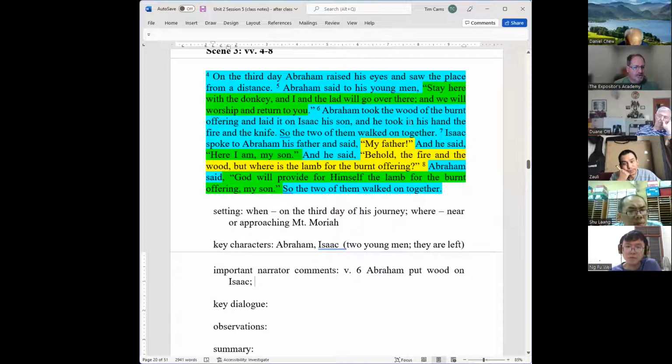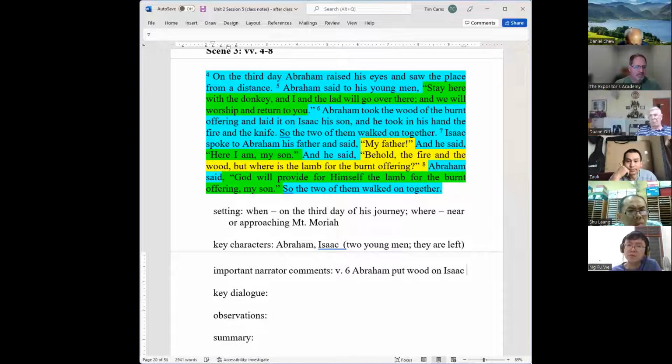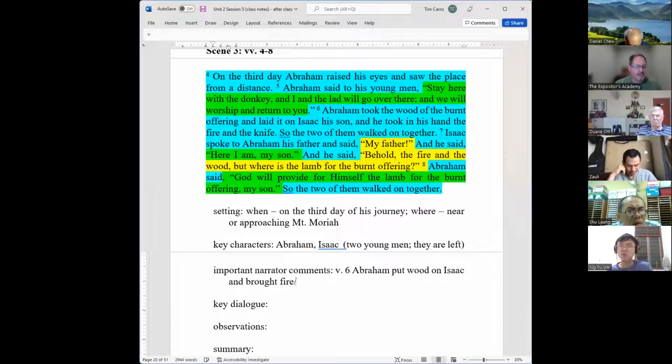I thought that it is the comment of the narrator. Yes, okay. So Abraham put the wood on Isaac and brought, as Dwayne mentioned earlier, the torch or flame with them.